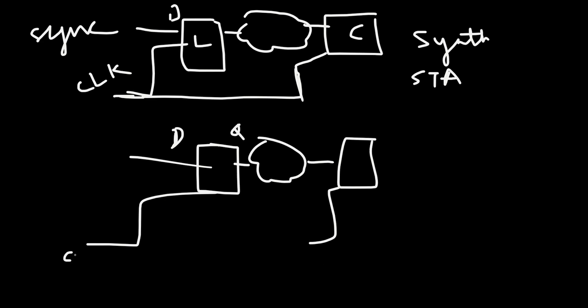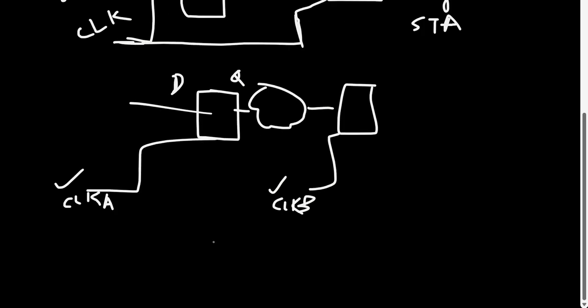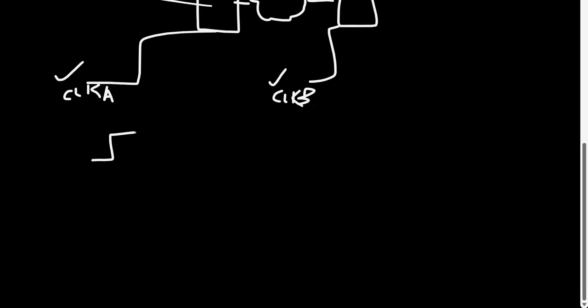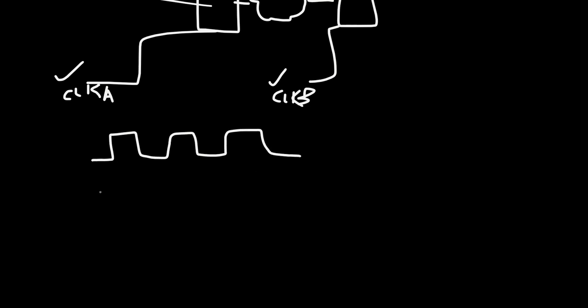This might have clock A here, and this might have clock B here. In this case, both these clocks are asynchronous in nature. When we say asynchronous, they are out of phase with each other.